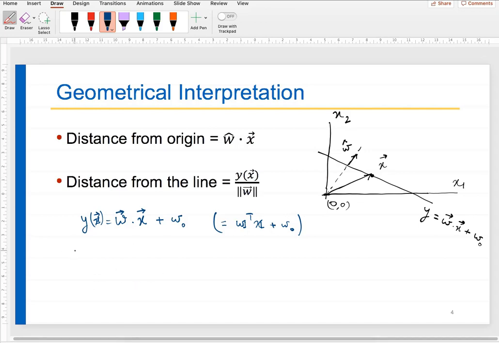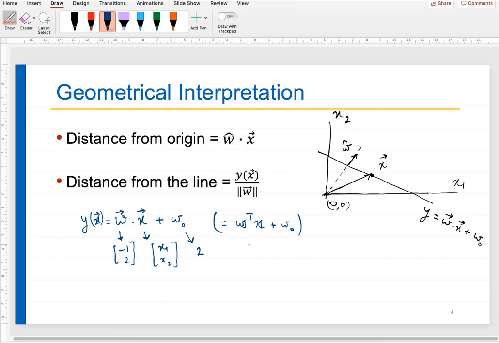Let us say my w is (-1, 2), and my x is (x1, x2), and let's say w naught is 2.